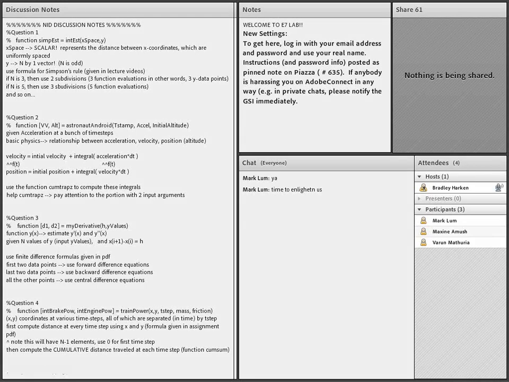And then once you have the distance traveled in each time step, you want to compute the cumulative distance traveled at every time step. This shouldn't be too hard. You just use the function cumSum, which takes the cumulative sum of the total distance traveled at every time step.